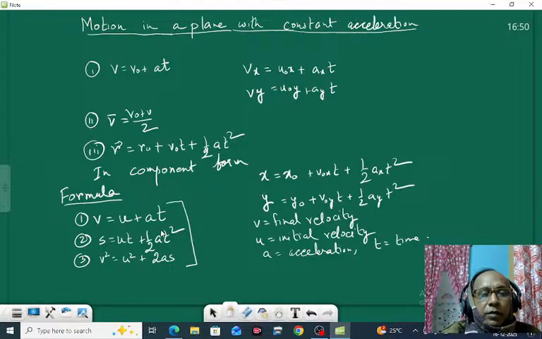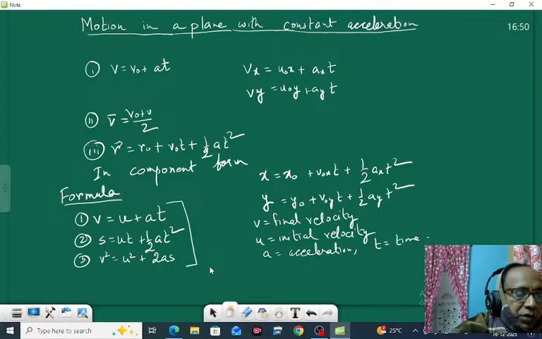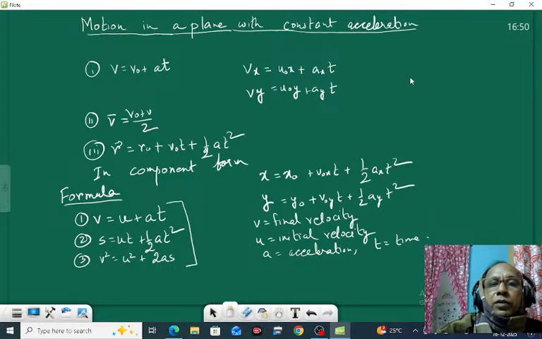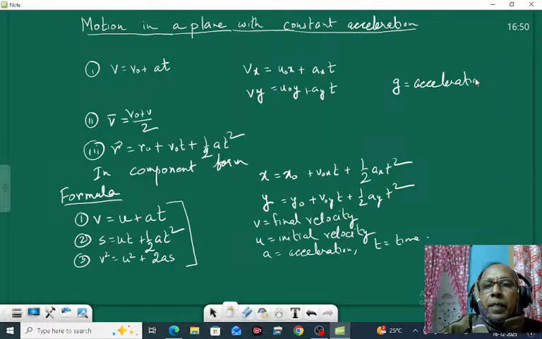This is for the general formula, but this acceleration can be replaced by small g also, if we consider it as acceleration due to gravity. Then we can replace this a by g.